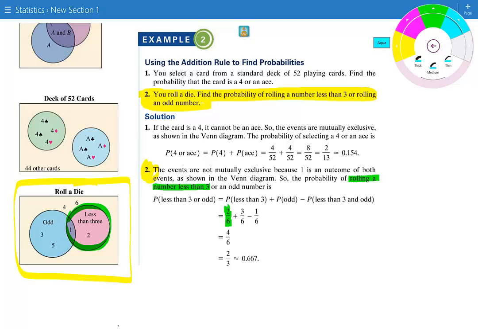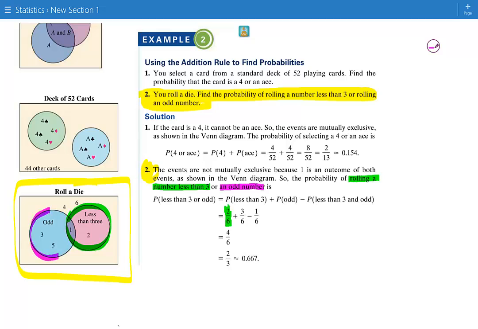All right. Let's see here. Get this pink one going. What about or an odd number? Okay, well, the odd numbers are 1, 3, and 5. And there are 3 of those. Only 3 numbers, odd numbers, on a regular die.